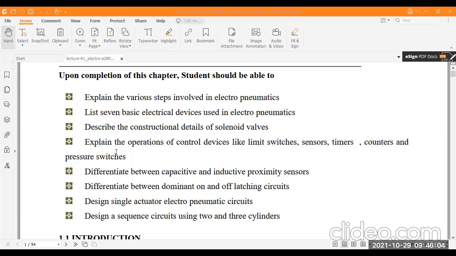One by one we have to discuss these shortly. There are different types of limit switches and different types of sensors, that means temperature sensor, level sensor, flow rate measurement sensor, pH measurement sensor, etc.